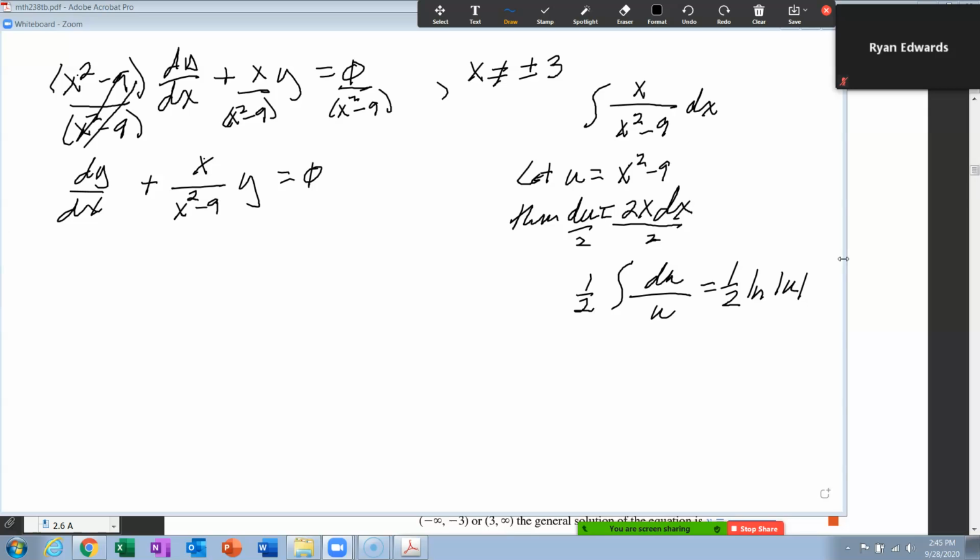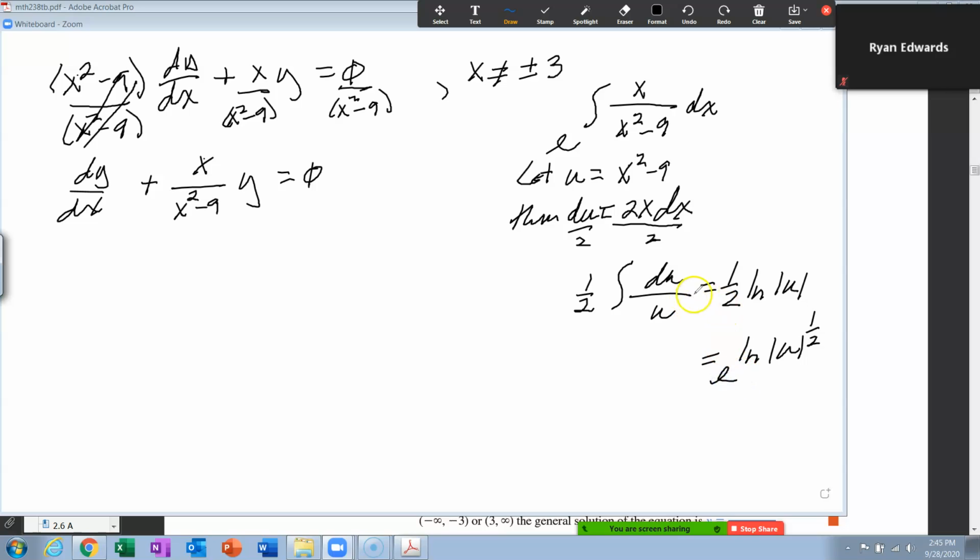Okay? Now that's a fairly convenient form to do, because what we're going to do is change that by a basic rule of logarithms. This will be log of absolute value of u to the 1/2 power. The reason for that, the next thing we're going to do is use that as an exponent for your exponential function.